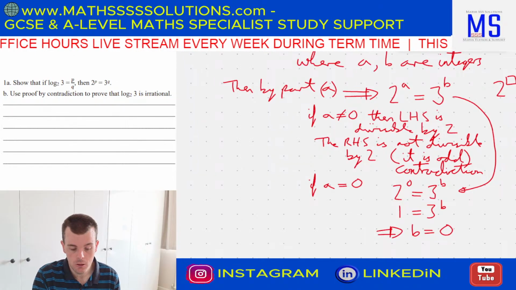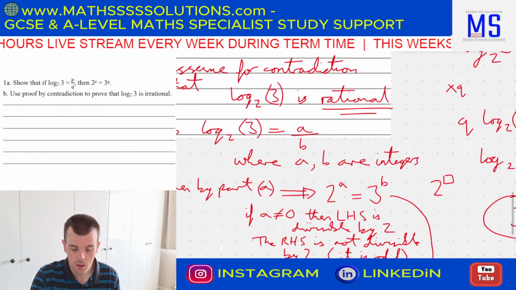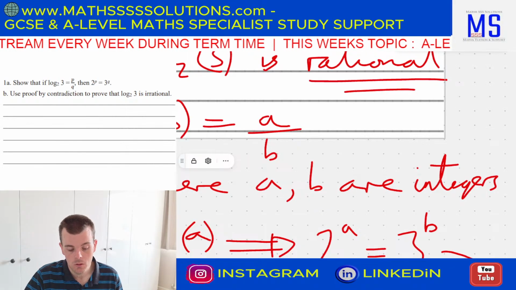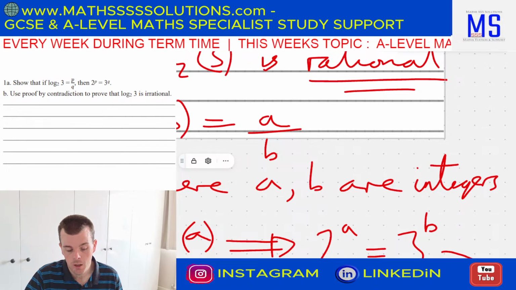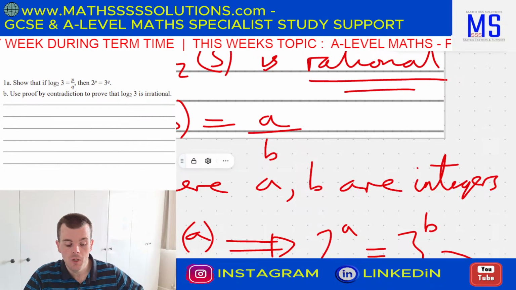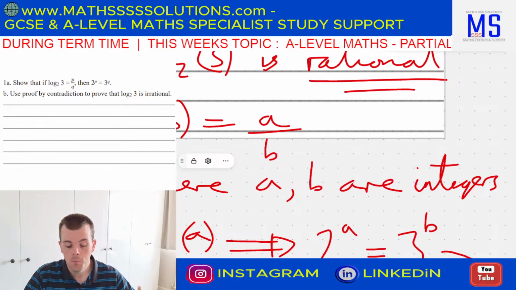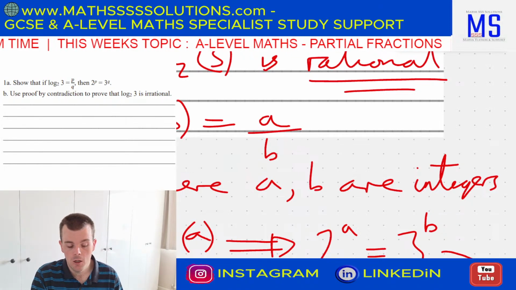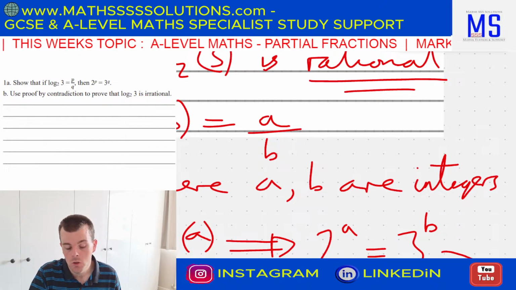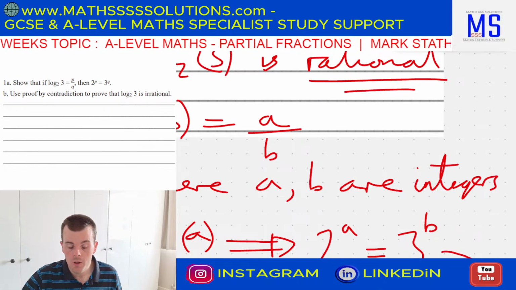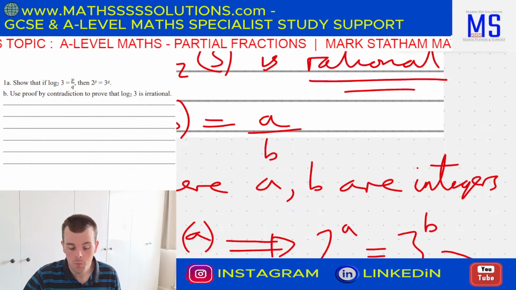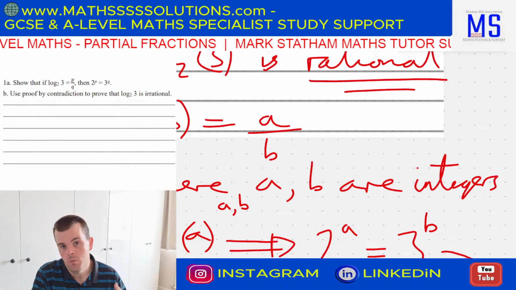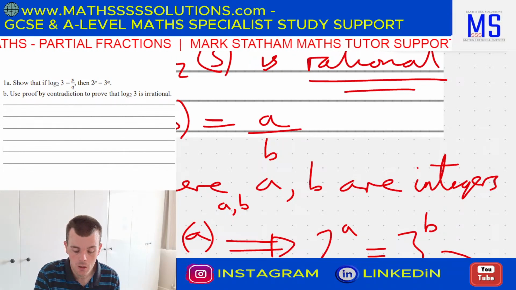Because yes, they are both integers. The reason why it was a contradiction, and you might as well have written this earlier, is that a and b are integers because a over b would be a fraction. But a could be 0, yes, that's absolutely fine. But b cannot be 0 because it's the denominator of a fraction. So maybe when you go up, and the examiner will not know this, but instead of saying no common factors, you could have put, and I'll write it, a and b have no common factors in your assumption, because you don't know at the end of your proof what is going to cause the contradiction.